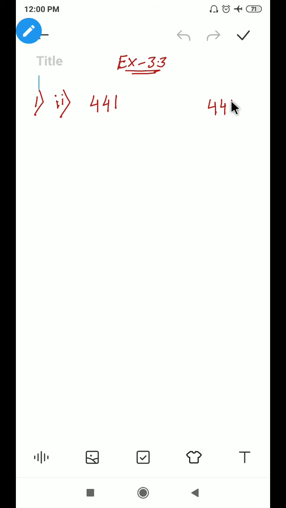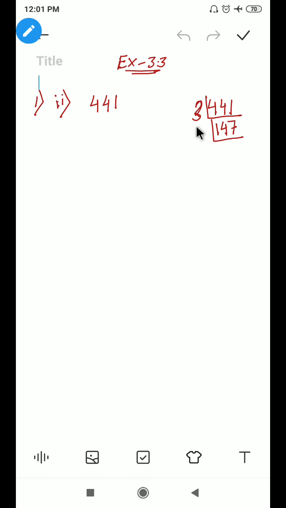Firstly, factorize this number. It will go with 3, because if you add the digits you get 9, and 9 is divisible by 3, so the whole number is divisible by 3. 3 times 1 is 3, 14 is left. 3 times 4 is 12, and 3 times 7 is 21. Again this will go with 3, because if you add the digits you get 12, and 12 is divisible by 3.